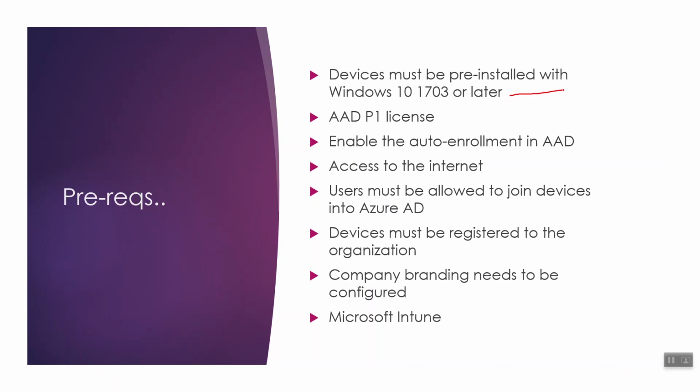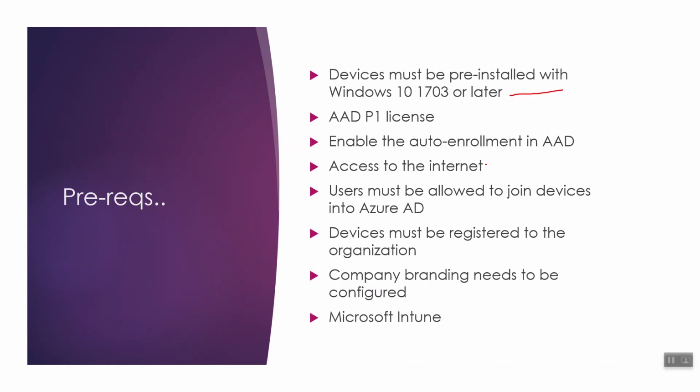As far as licensing is concerned, the user needs to have an AAD P1 license, just like what a user would normally have if they are trying to leverage conditional access.